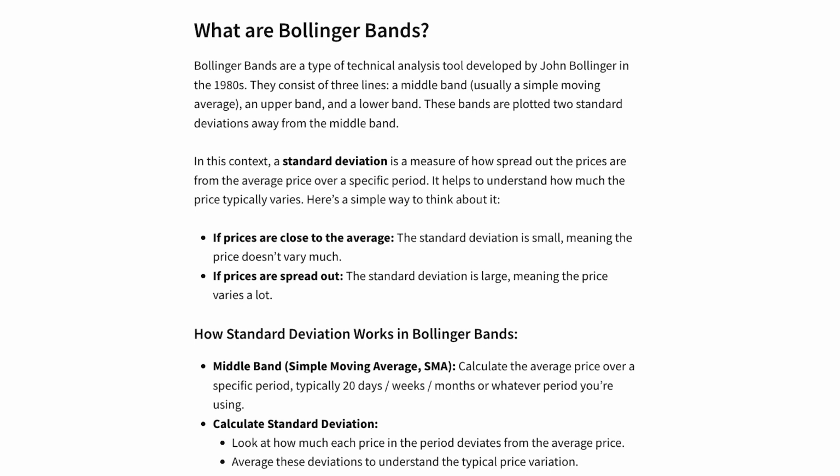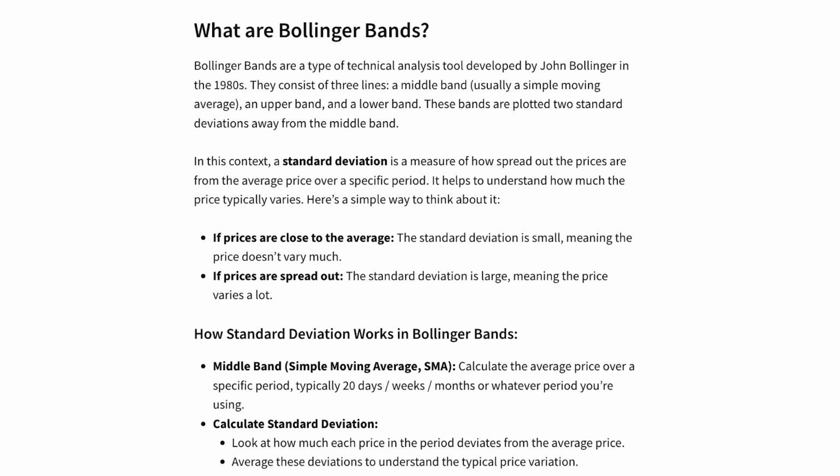So, what does that mean, 2 standard deviations away? Well, in this context, a standard deviation is a measure of how spread out the prices are from the average price over a specific period. So it helps to understand how much the price typically varies.